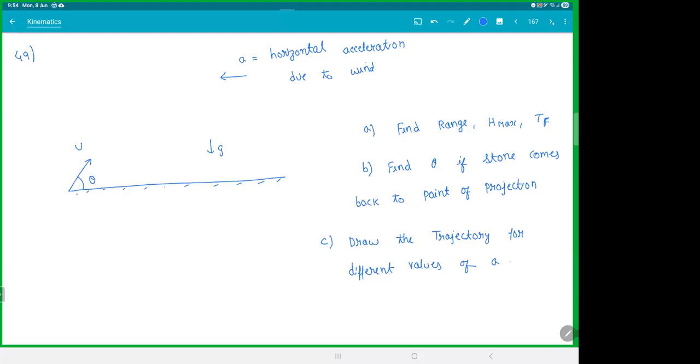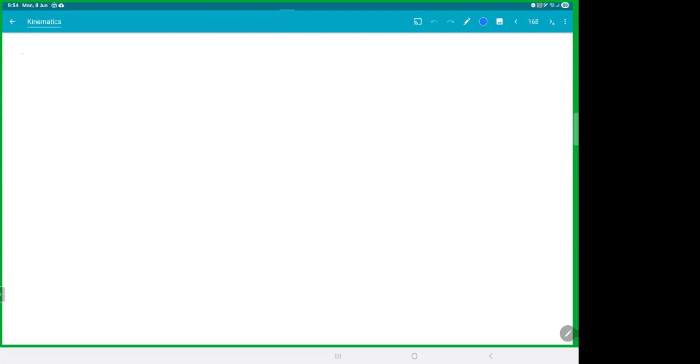The easiest ones are Hmax and time of flight. That is the first thing you should say without even solving the question. The reason is this: anything that happens in the vertical direction depends only on the gravity G and is independent of horizontal acceleration. That's your first statement. You can get that without doing anything.